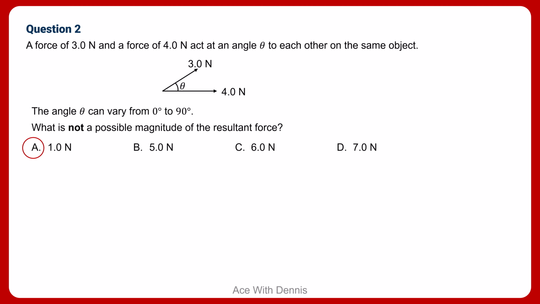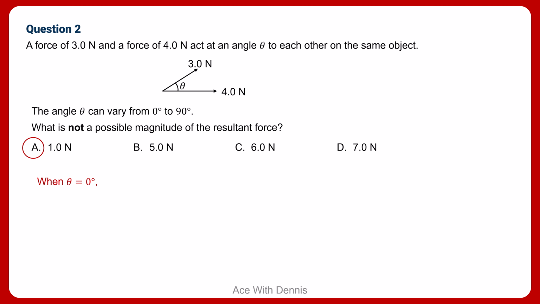To obtain the answer, we need to test the lower limit and the upper limit. First, when theta equals 0 degrees, both the 3 newton and 4 newton forces are parallel to each other. Therefore, the resultant force is the sum of these two forces, which gives 7 newtons. Then, we test the upper limit when theta equals 90 degrees.